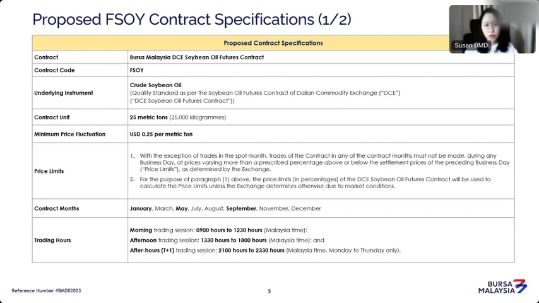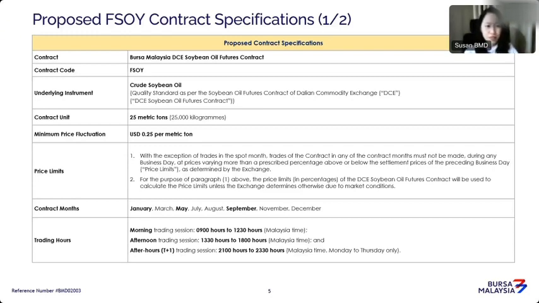So if a trader is arbitraging between the FSOY and the DCE soybean futures, do take note that the contract size is different. Two FSOY contracts will be equivalent to 5 DCE contracts, as DCE's contract is 10 metric tons. This has to be taken note of.